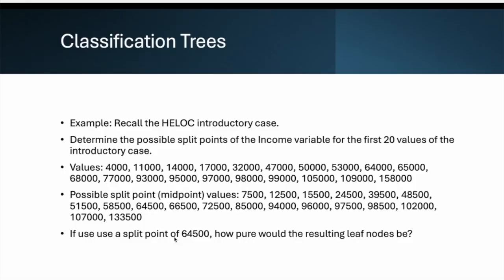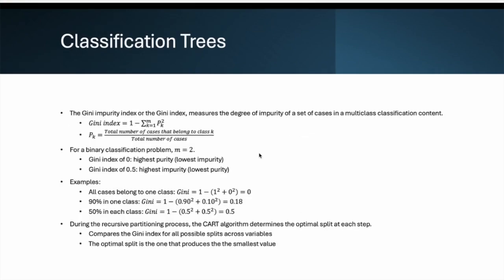So if you use a split point of 64,500, how pure would the resulting leaf nodes be? This is one of the questions we may pose. Let's look at the Gini impurity index. It has a range between 0 and 0.5.